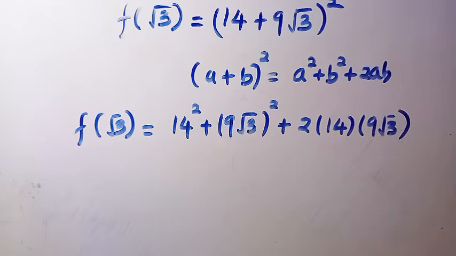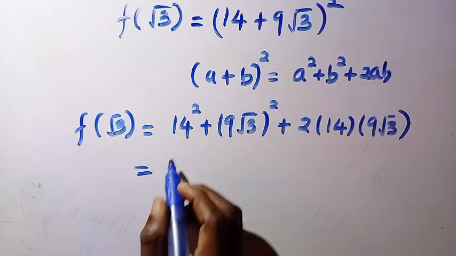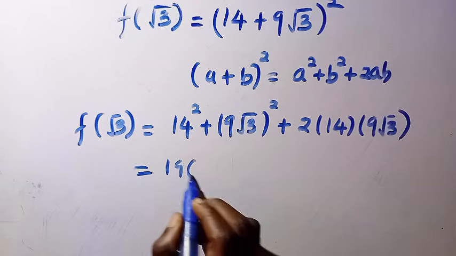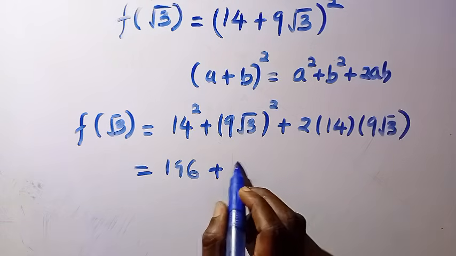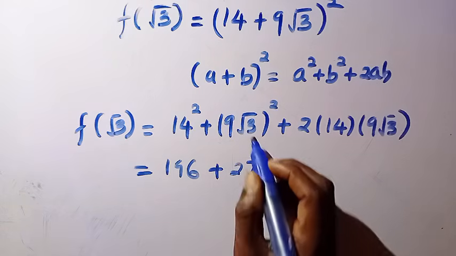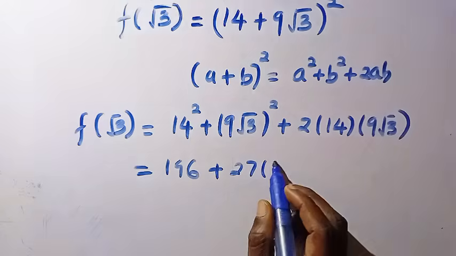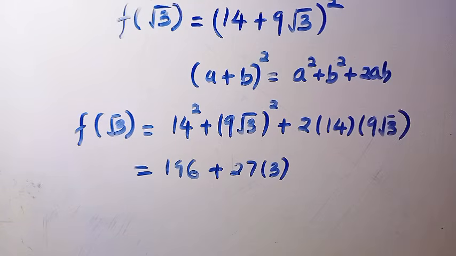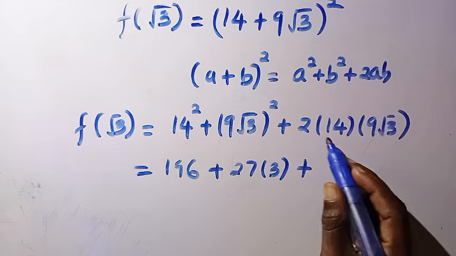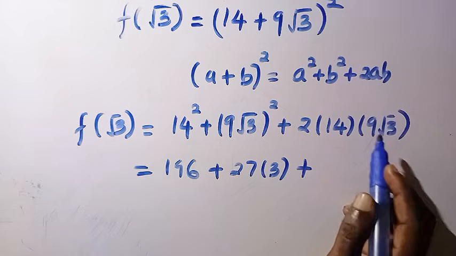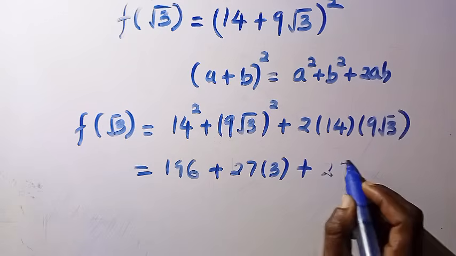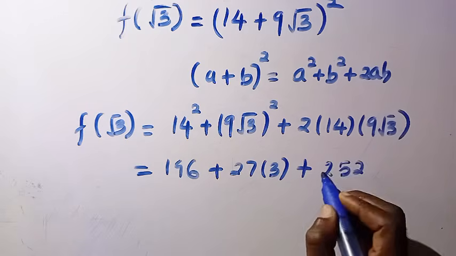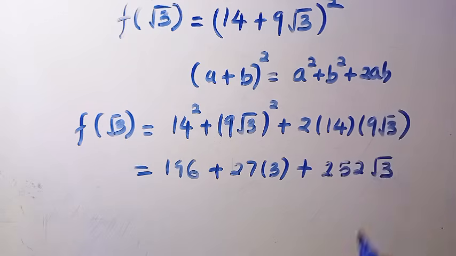Then we have 14 squared, that is 196, plus 9 squared multiplied by the square root of 3 squared, which is 3. Then plus, if I multiply 2 by 14 by 9, this gives us 252 root 3.